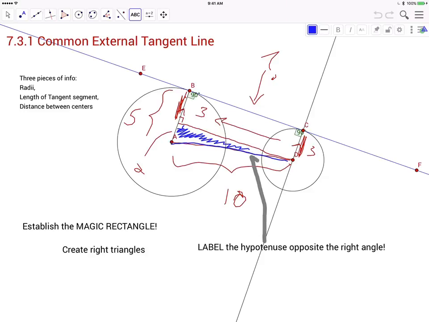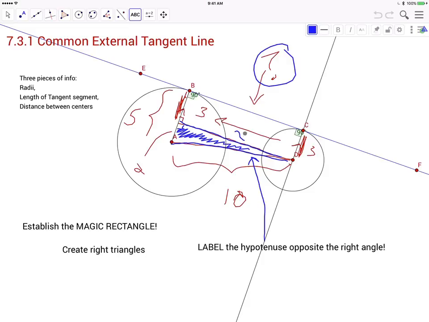So in this case, the hypotenuse is that length. And so you're going to fall back on the Pythagorean theorem, and this piece that you're looking for, this length of the common external tangent, is replicated on that part of the triangle.